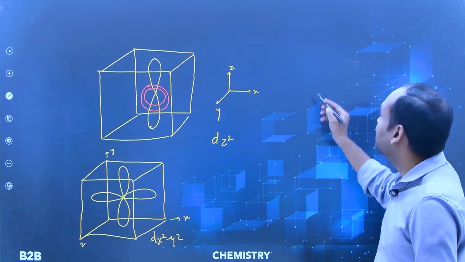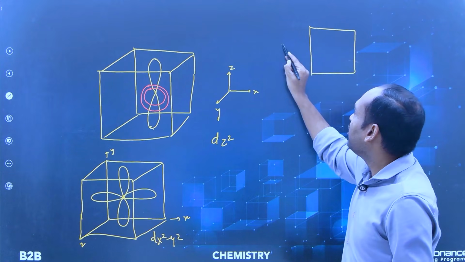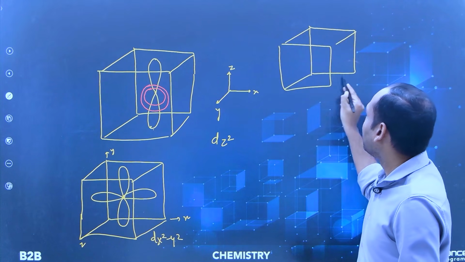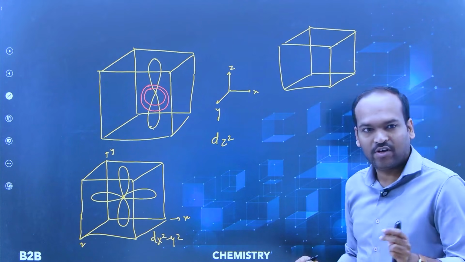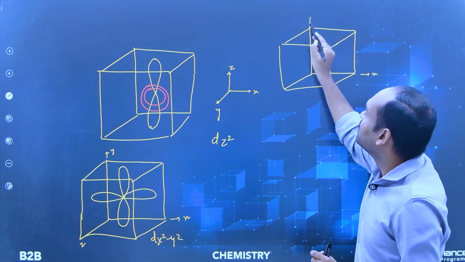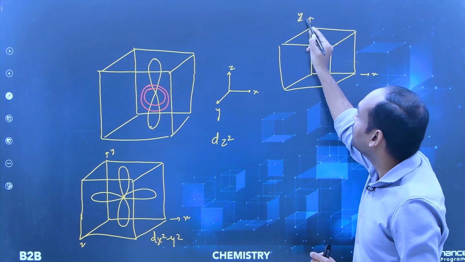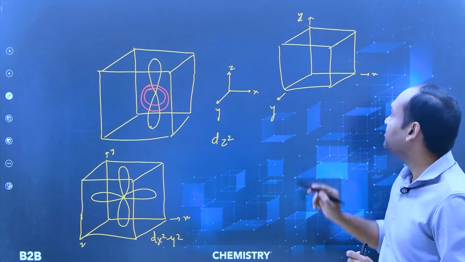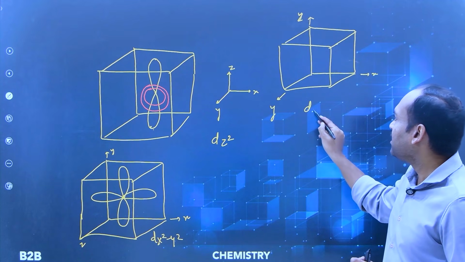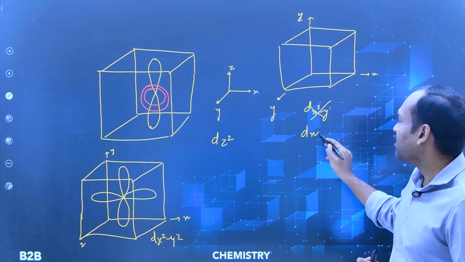Okay, now next, one non-axial, just one non-axial. This is our x, this is y, z. Now listen carefully. I have to draw dxy, which is non-axial.